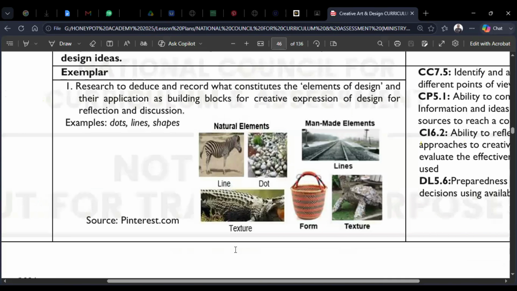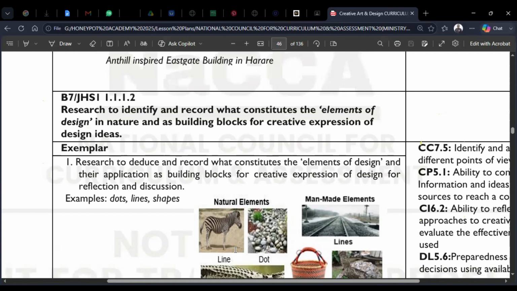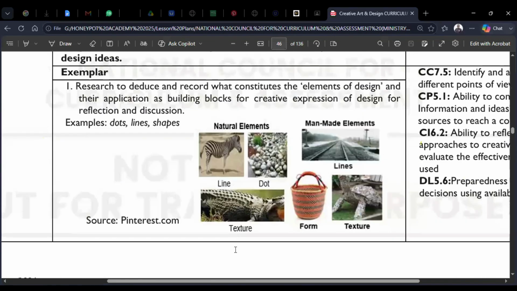And then we move on to what we all know, the elements of design. You all know the lines, the dots, texture, form, and so on and so forth. All these are elements of design. Now, under elements of design, we have the natural elements and the man-made elements. The natural elements are those that you can see on the screen.